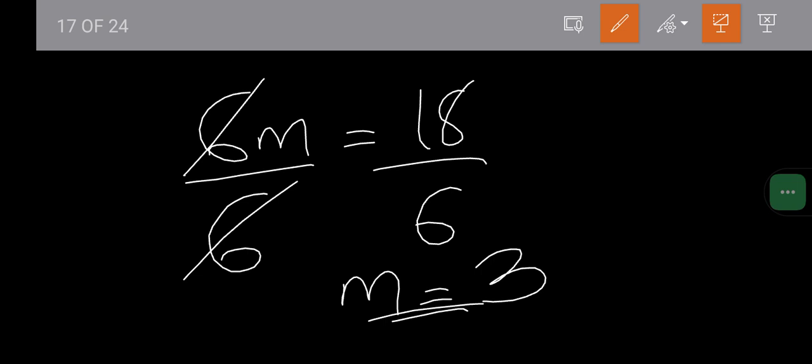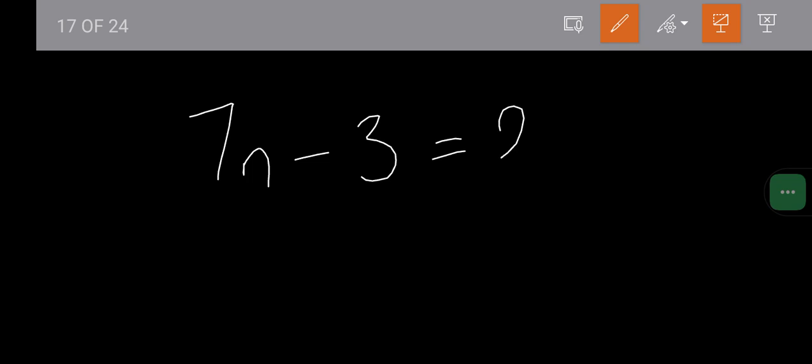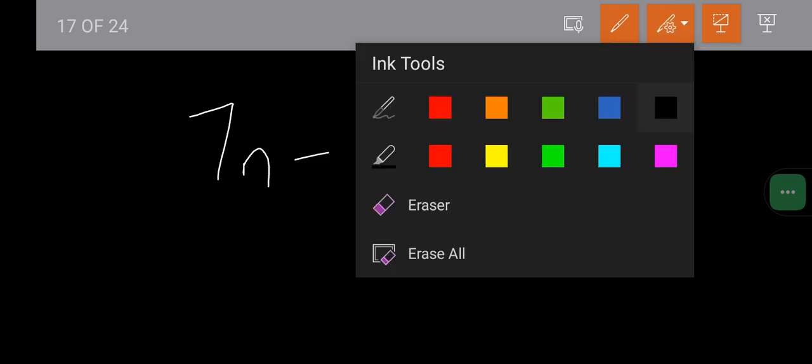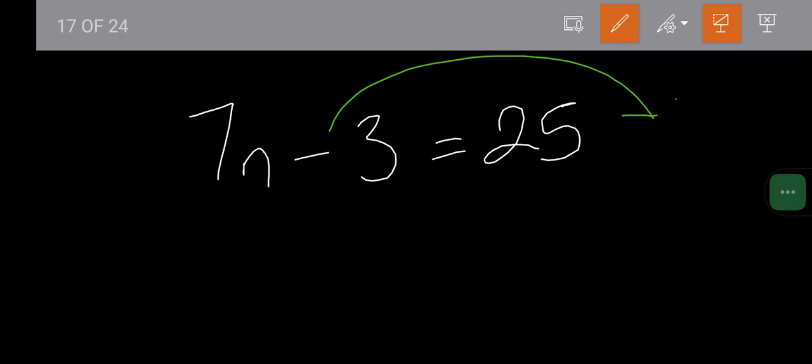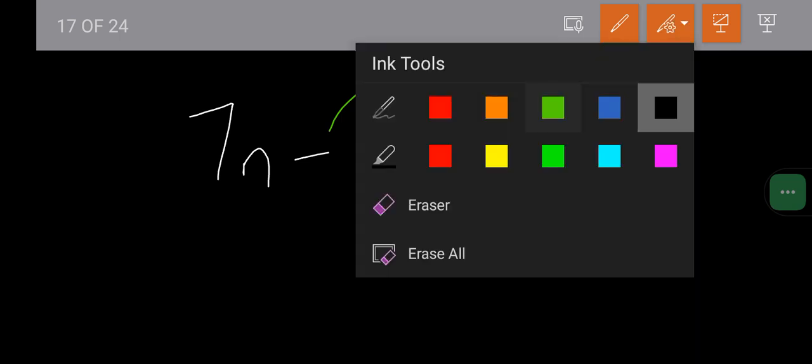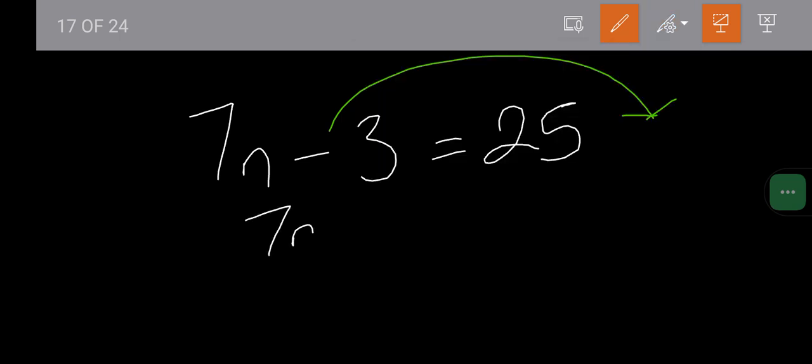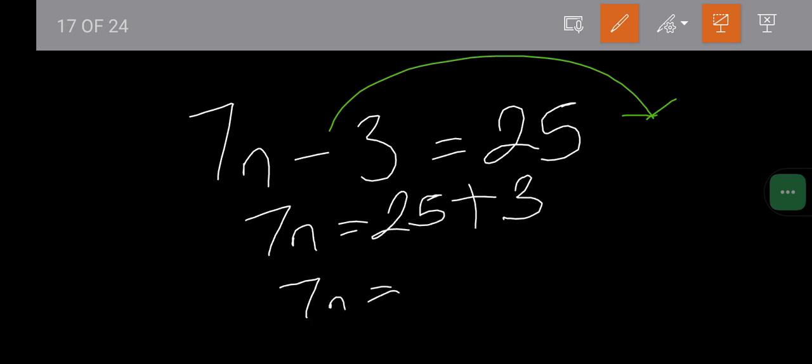The next question says 7n minus 3 equals 25. Now we're going to move minus 3 to the other side because we want 7n to stand on its own. We're going to have 7n equals 25 plus 3. 7n, therefore, equals 28.